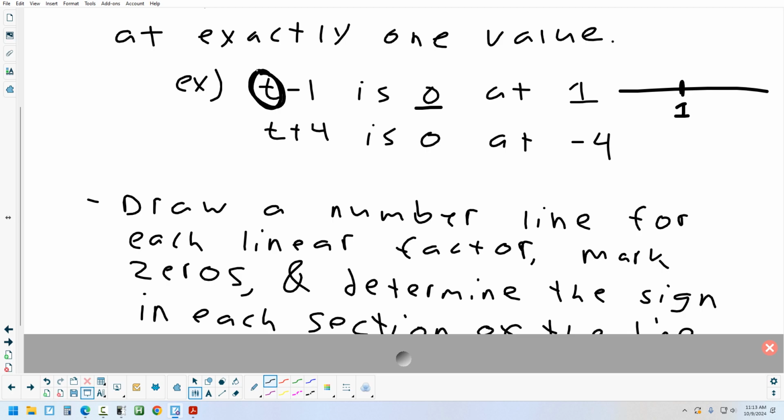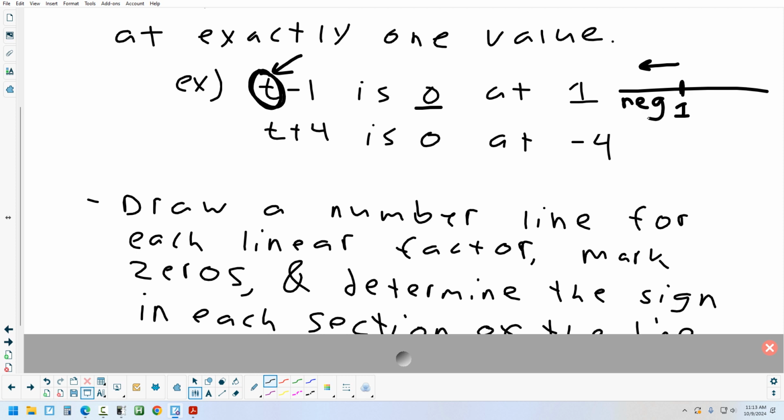What if I plug in a number this way, smaller than 1? Think of a number smaller than 1 and fill it in for t right there. What kind of answer will you get? Yeah, you will get a negative. So numbers in that section give you negatives.